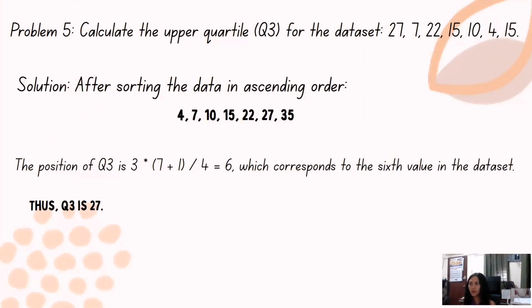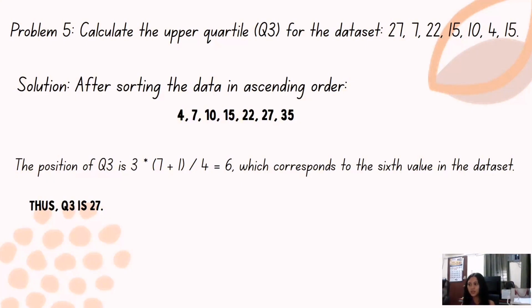Problem 5. Calculate the upper quartile, Q3, of the dataset: 27, 7, 22, 15, 10, 4, and 15. Solution. After sorting the data in ascending order, it goes like this: 4, 7, 10, 15, 22, 27, and 35.